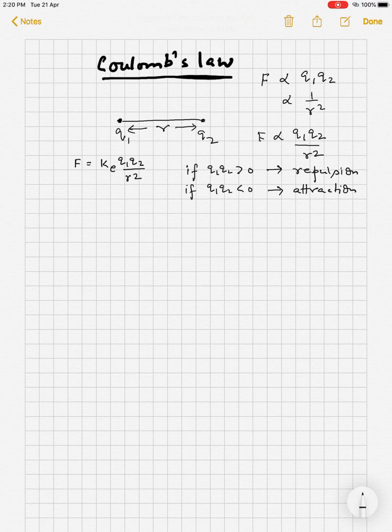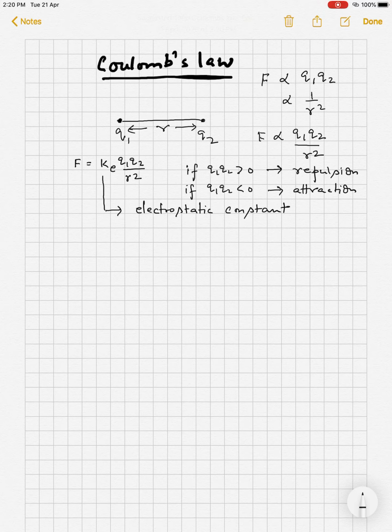Here this Ke is a constant and we name it the electrostatic constant, because there will be so many K in physics. So here I am using Ke, that is the electrostatic constant.